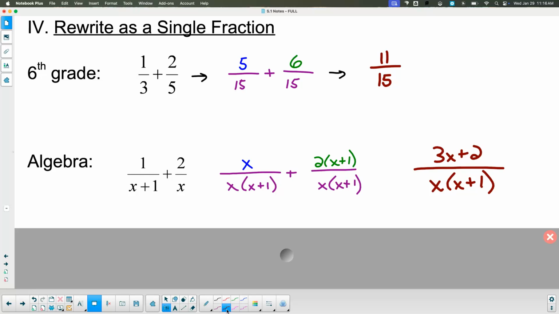No, that's whacking off an x. Can I simplify it? No, because I can't factor anything out of the top. The only way I can simplify an algebraic fraction is if I factor. Numeric fraction, the only way I can simplify is if we got a common factor. So there's a factoring theme going on.